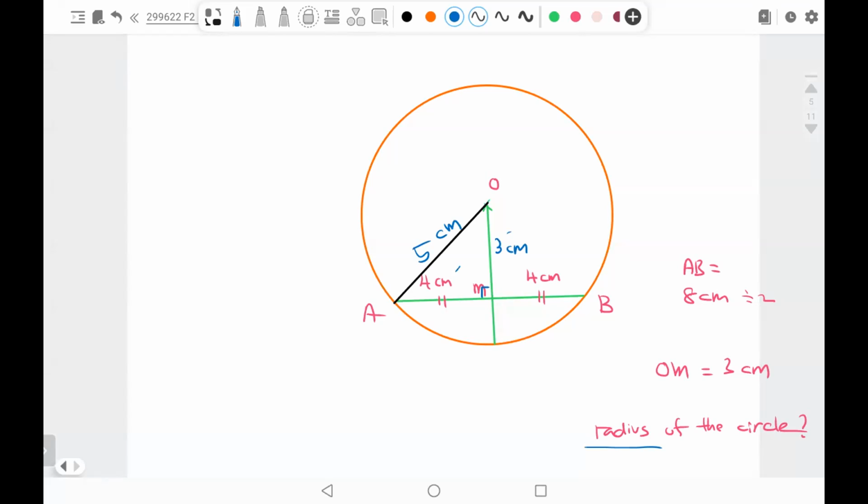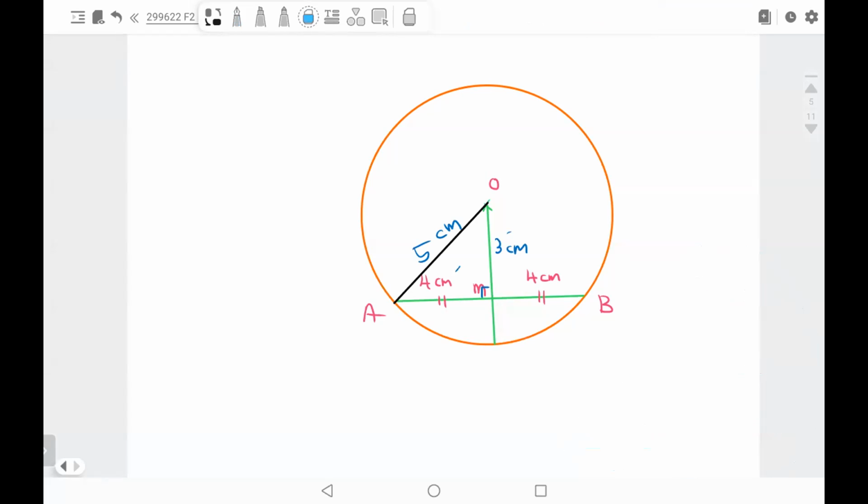Sometimes they will come up with this type of question. Next question, same diagram. What is the length of MP? You know where M is right here? M, you can see here.